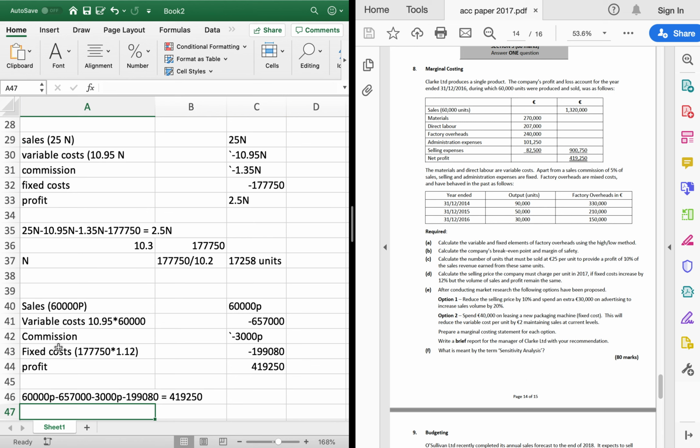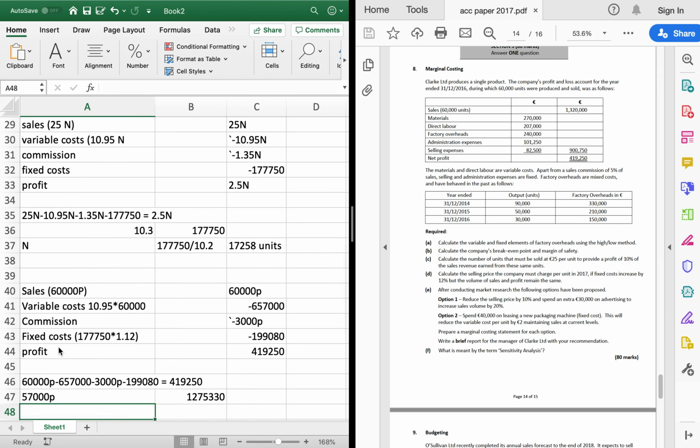So bring the p's to one side. So 57,000p is 419,250 plus 657 plus 199,080. So divide them into each other.